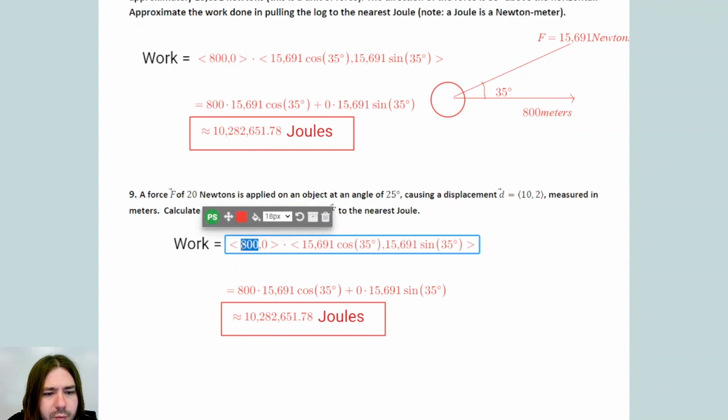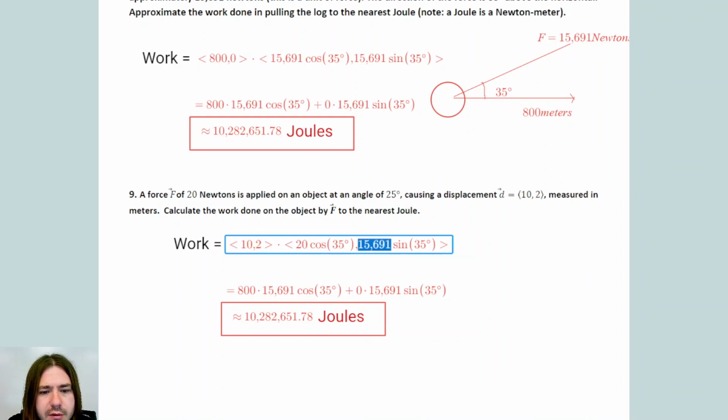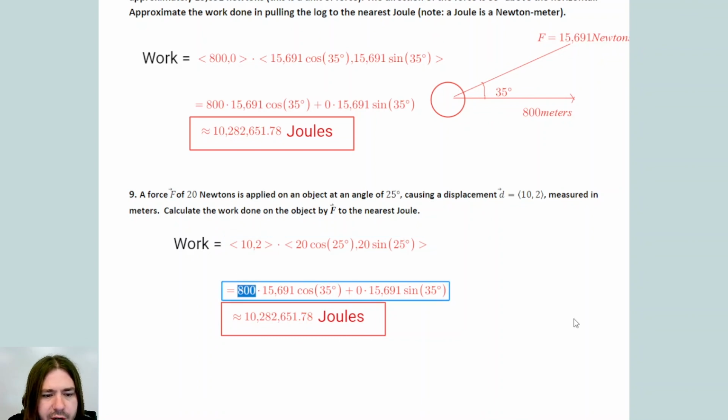So we have our displacement vector, 10, 2, and we've got our force of 20 newtons. And the angle is going to be 25 degrees. So let's go ahead and actually calculate the dot product here. We've got 10 times 20 cosine 25, and we've got 2 times 20 sine of 25.